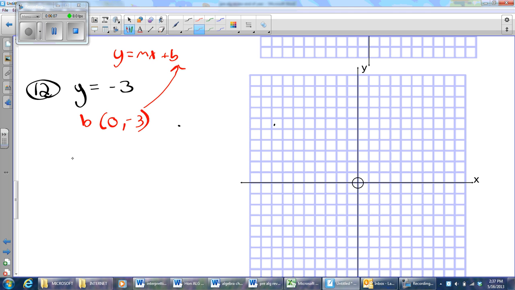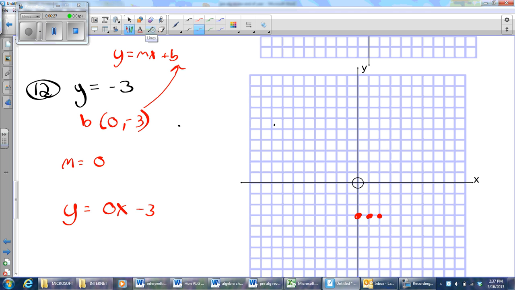Now you could think of your slope as 0, because this equation could be rewritten as y equals 0x minus 3. So I'm going to go 1, 2, 3, rise 0, run 1, rise 0, run 1.